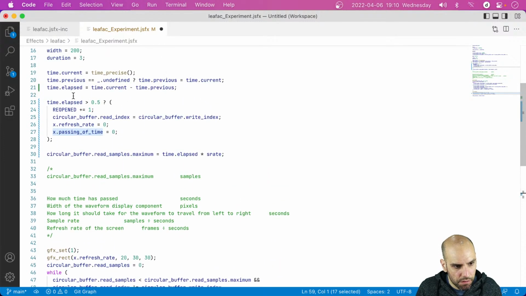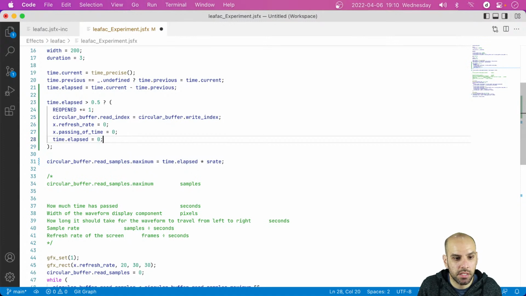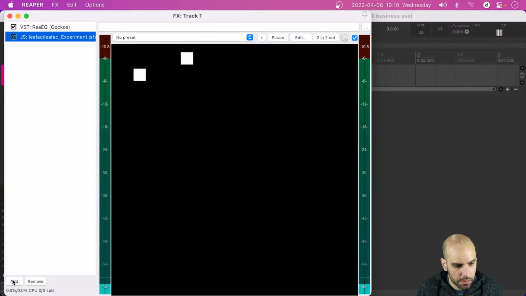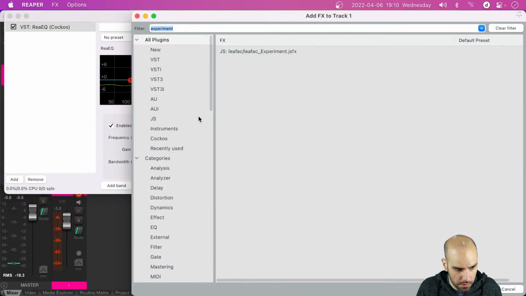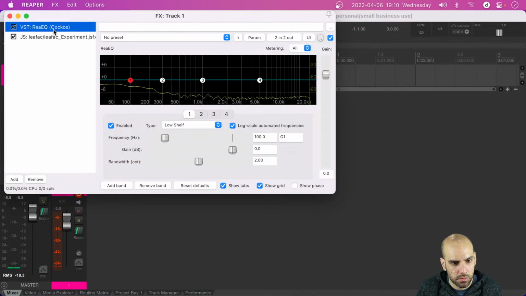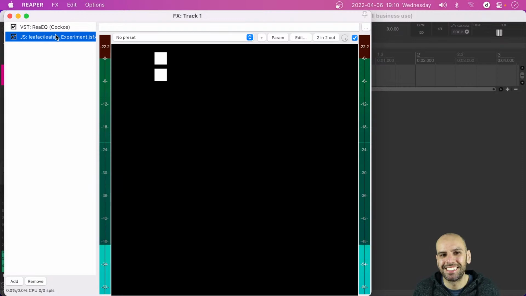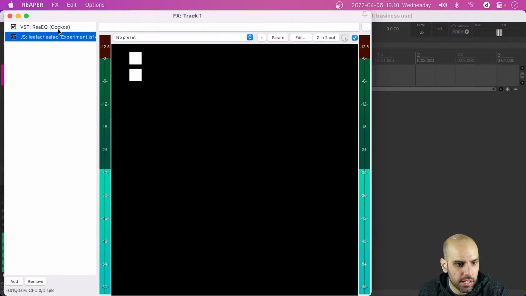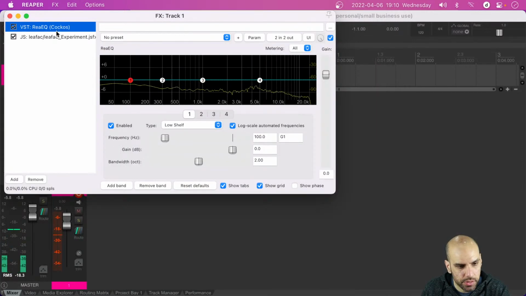So I'll just say if the time elapsed is greater than 0, I'm resetting everything. So now the time that has elapsed is actually 0. In sync. In sync. You just have to reset everything correctly, and then it works.